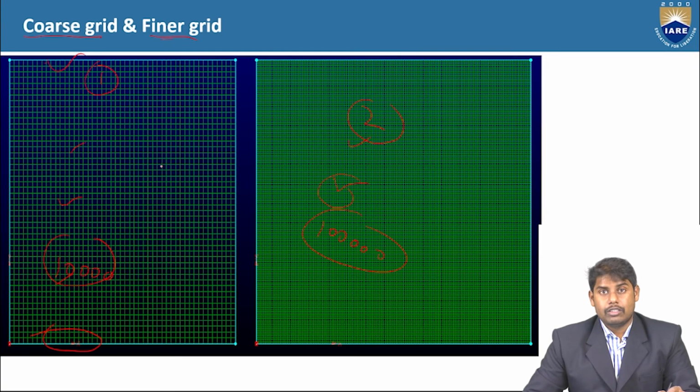Sometimes we need to perform a grid or mesh independence study, where you decide the minimum number of grid points at which you can get an accurate solution, near to the experimental results.